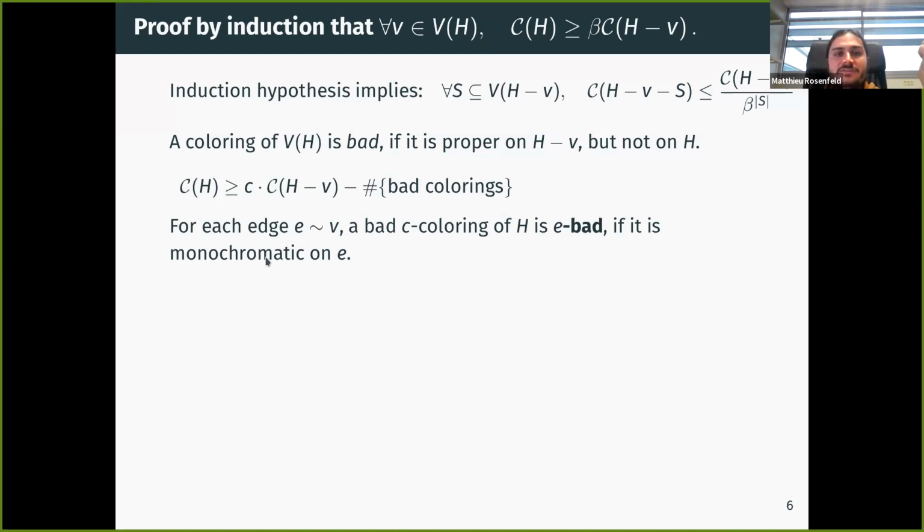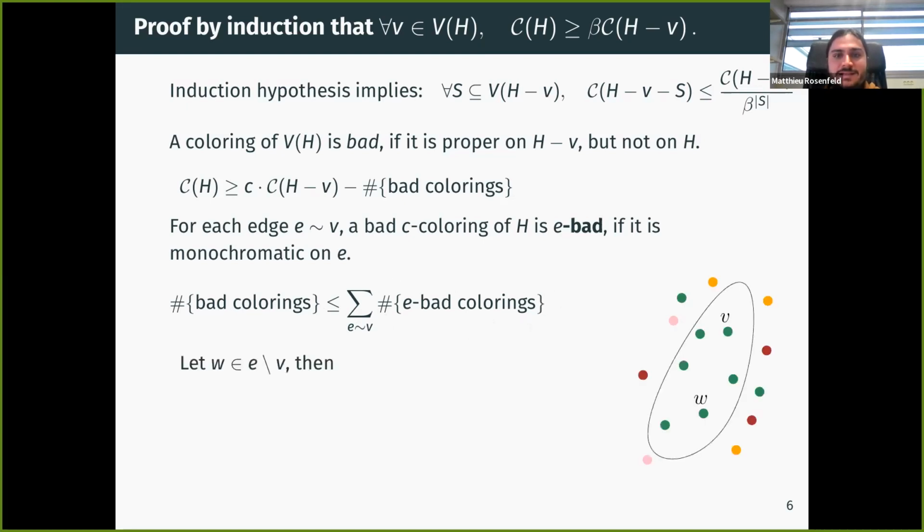Since I know that if a coloring is bad, it's because of V, so it has to be bad because of one of the edges that contain V. So every bad coloring is an E-bad coloring for an edge E that contains V. So I have the following equation. The number of bad colorings is at most the sum over all the edges that contain V of the number of E-bad colorings. So the thing that I want to do, and this is going to be the second important idea, is to bound the number of E-bad colorings.